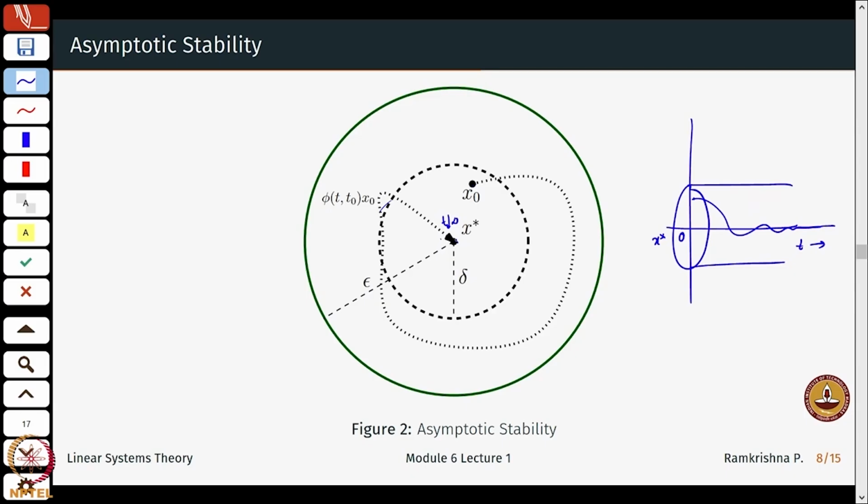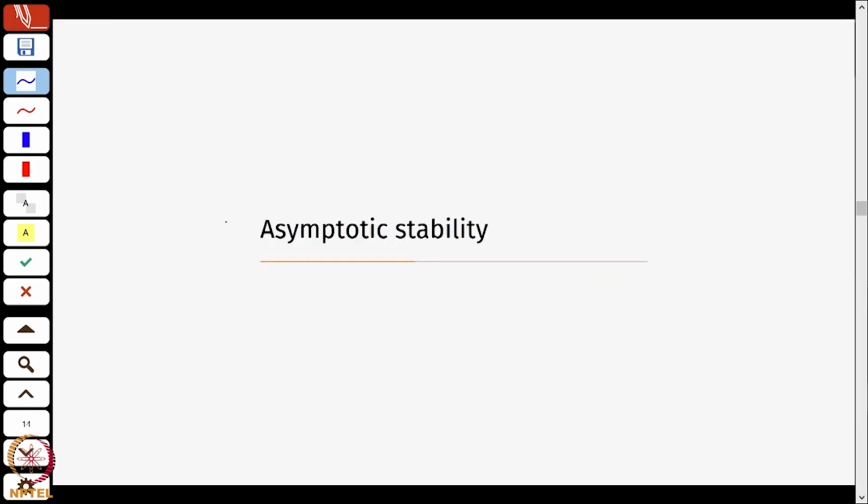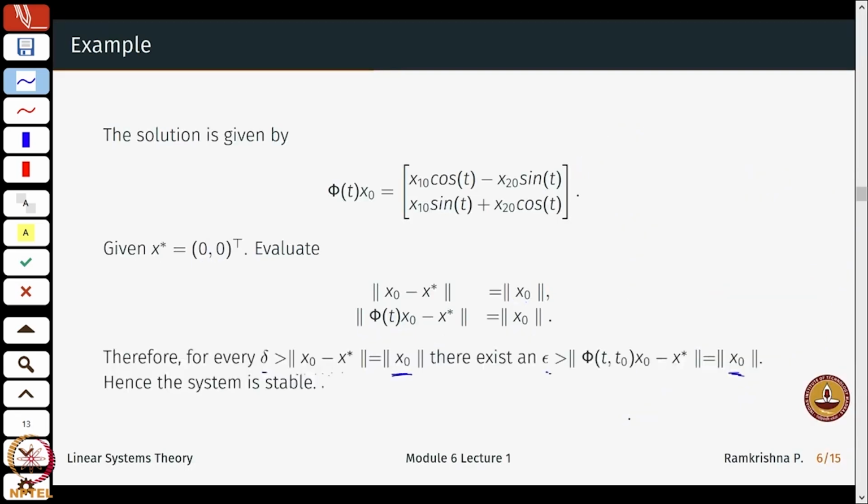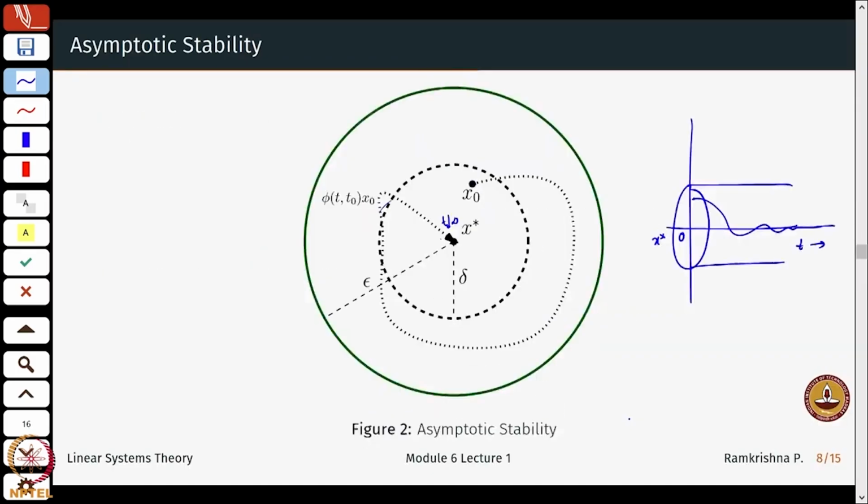So for example, is this system asymptotically stable? Well, the answer is no. The system is not asymptotically stable. Is it stable? Yes. So first thing, okay, which is a larger set? The earlier system was stable, but not asymptotically stable. So asymptotically stable is bigger, is a restriction on it, right?